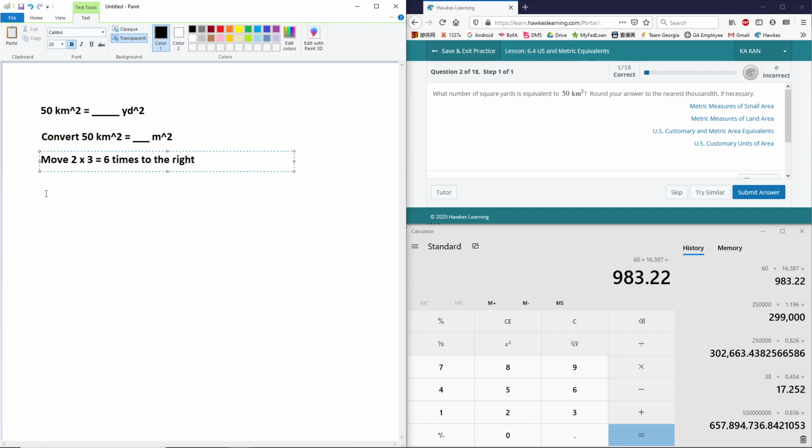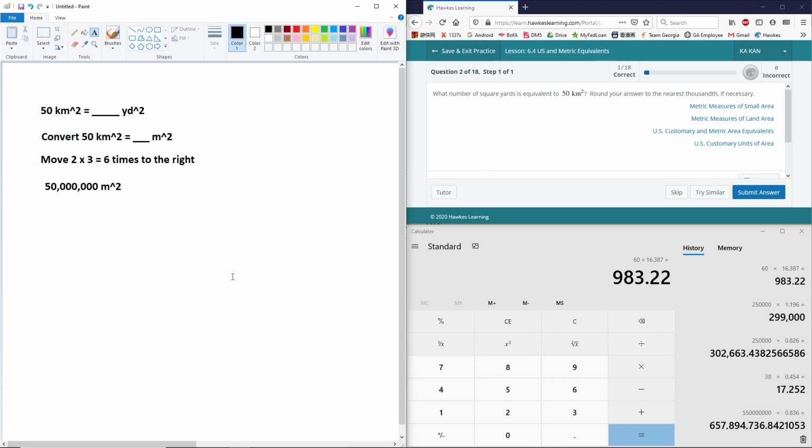That's not too bad, right? That will be 50, 6 times to the right, 1, 2, 3, 1, 2, 3. So that will be the answer so far. I can put some commas here to make it easier. So 50 million square meters.